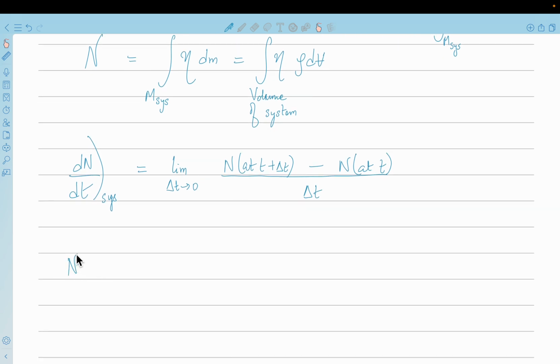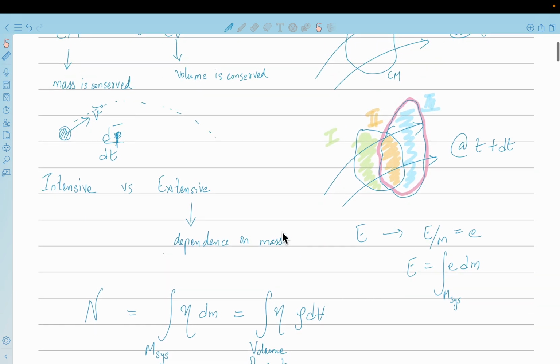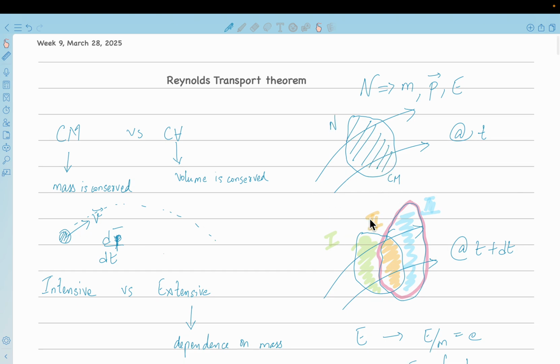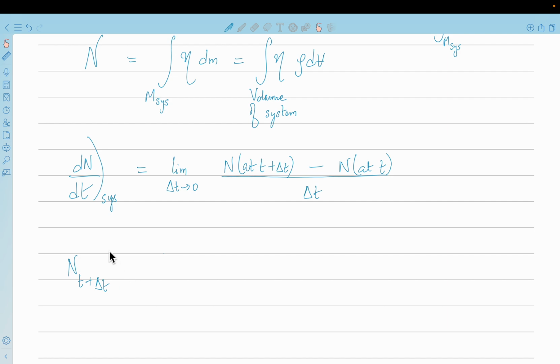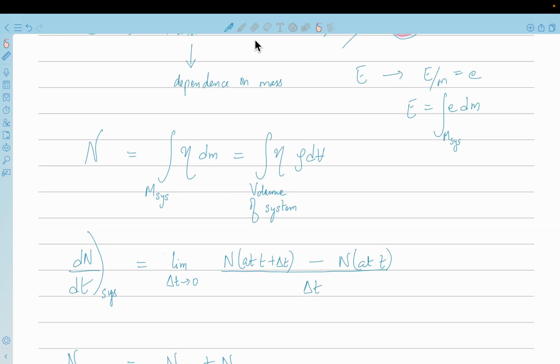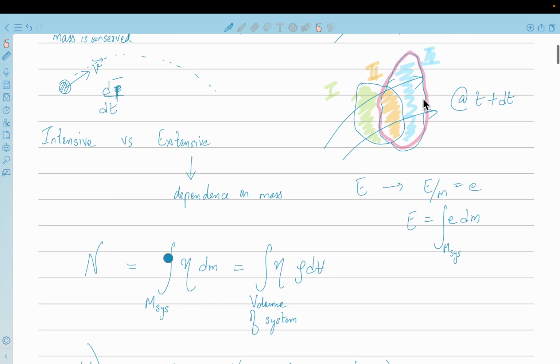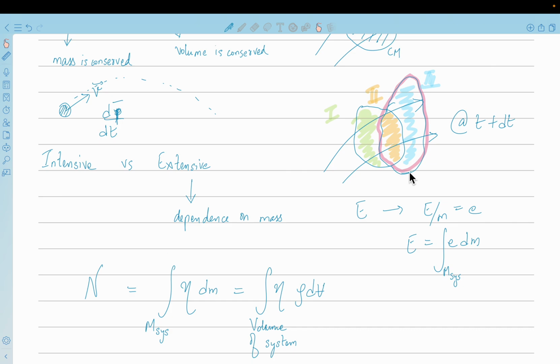Now what is N at t plus delta t? So go back here. If this was the original thing that I started with, this was N, right? So I can now divide N at t plus dt as N in region 1 plus N in region 2. If we look at this picture, this is the blob at t plus dt, right?